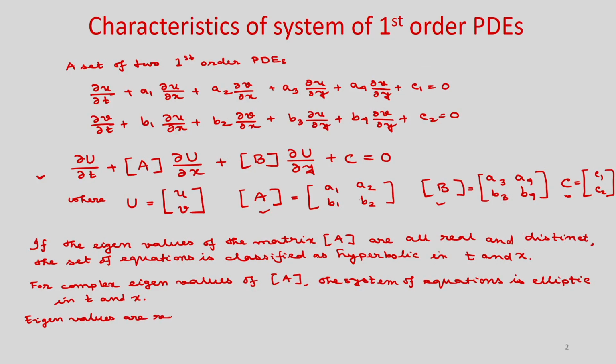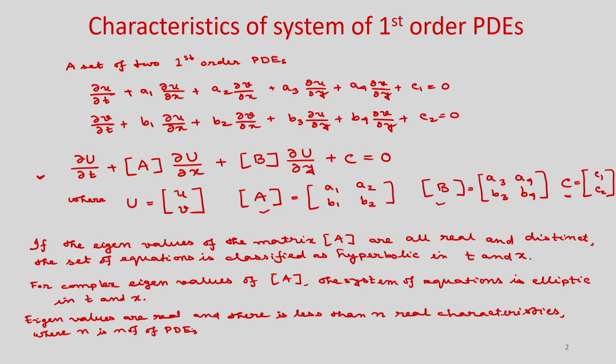Finally, if the eigenvalues are real and there are less than n real characteristics, where n is the number of PDEs, then the set of equations is classified as parabolic.